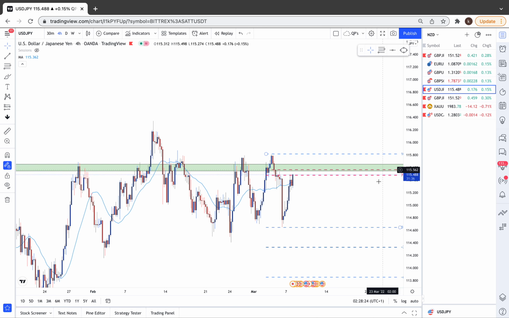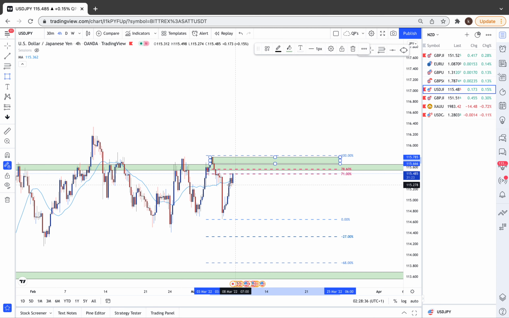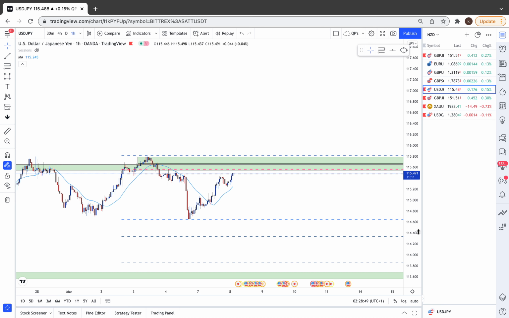Before I enter this trade, I do want to see some rejections. We do have an order block sitting right here, which was the fake out as well, so price could perfectly come to this zone and then drop. For some people this is an order block as well. Not really for me, but there is structure on the 1 hour, so let us zoom in to the 1 hour and have a look.